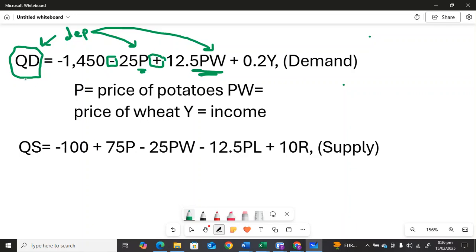Why? Because wheat is now cheaper, so we substitute it with potatoes. Are we okay with that? That's what this positive sign is implying. It's showing how the price of wheat and quantity demanded for potatoes move.